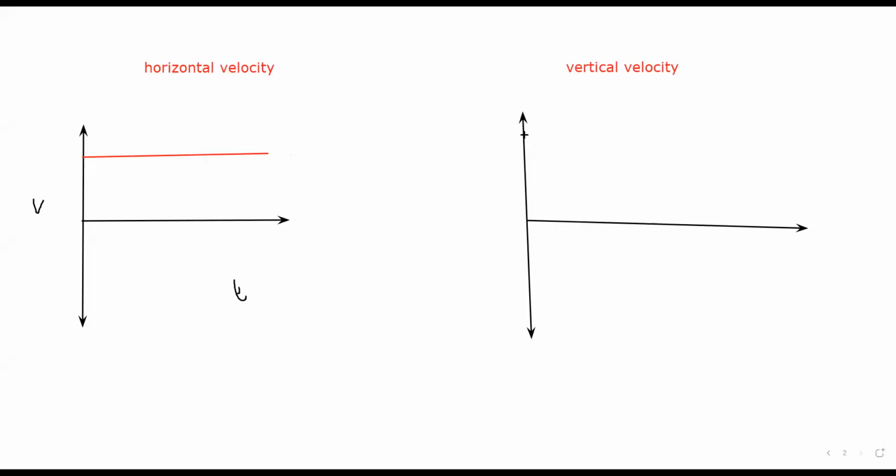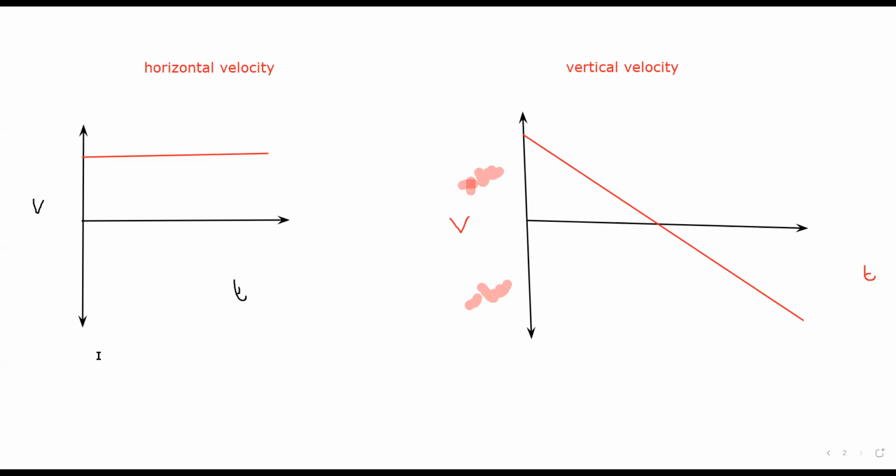Because the acceleration is constant, the slope will be constant. It started with the maximum, then decreases. At maximum height it is 0, and then it will be in the opposite direction. So we will have a positive velocity and a negative velocity.